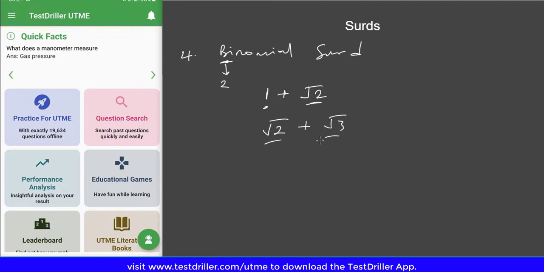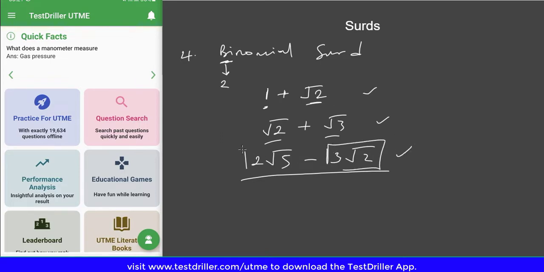So this is also a binomial surd. As long as it has two components connected by plus or minus, you call that a binomial surd. If you have something like this, maybe 3 root 2, this is also a binomial surd. They are made up of two parts connected by plus or minus.